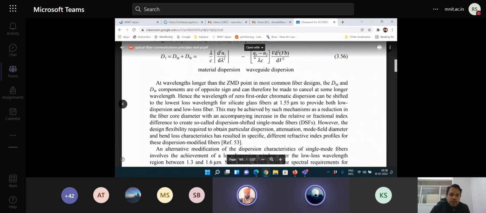What is the refractive index of the core and cladding? Both play a part, along with the V number, and this V number is dependent on the refractive index difference along with the core diameter.